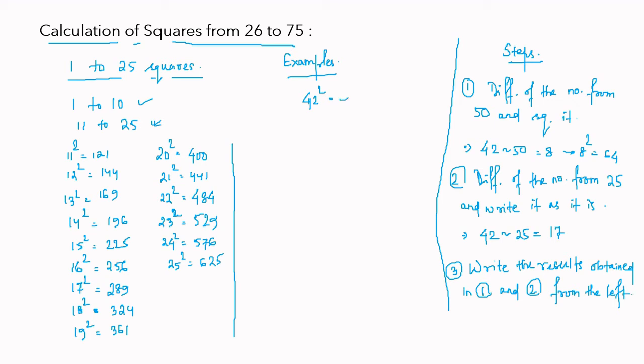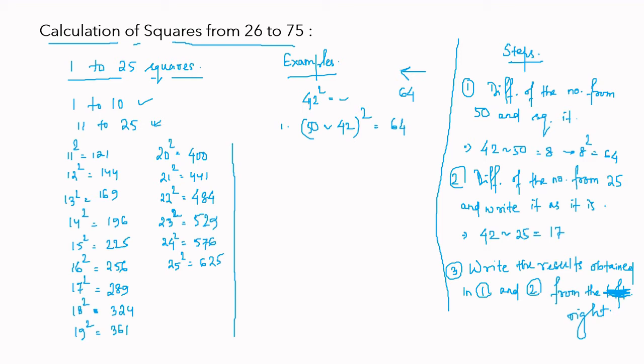Okay, now we'll see 42 square. If we do the first step, that's the difference of the number from 50 and square it. So this gives us 64, and as the third step involves, we have to write the results obtained from 1 and 2 from the right.